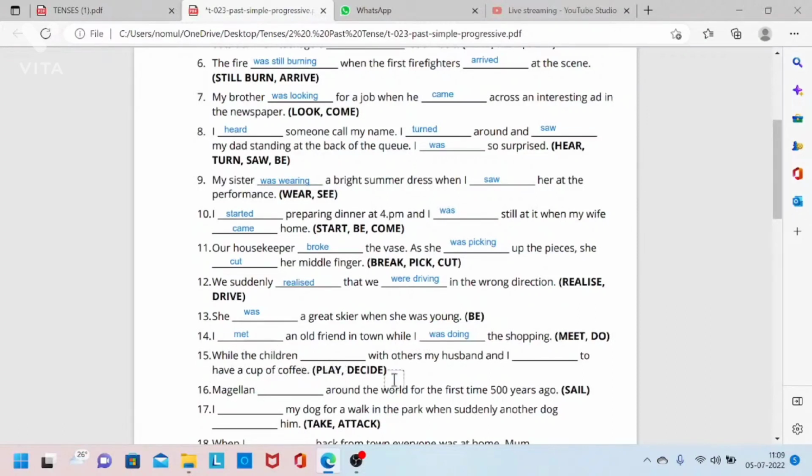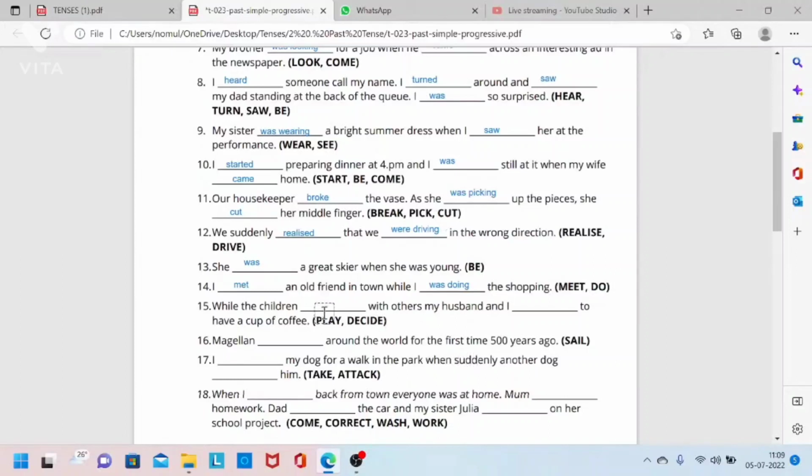Let us see. Using play and decide, we have to complete 15 sentences. I know it is becoming easy now for you all to complete. I know many of us telling before itself these answers, right? Hope so. And yeah, 15th. While the children dash with others, my husband and I dash to have a cup of coffee.